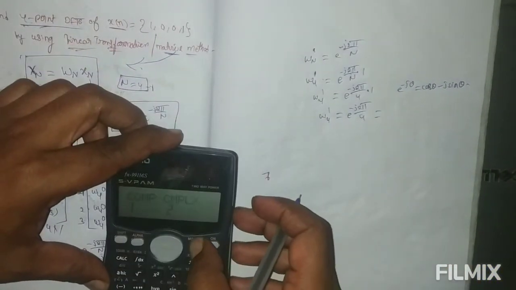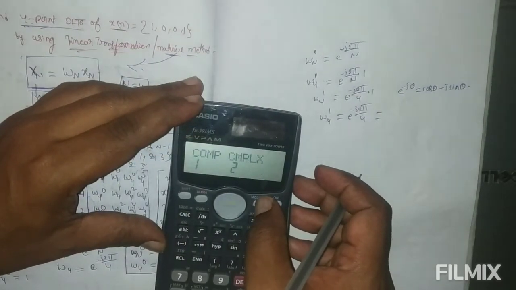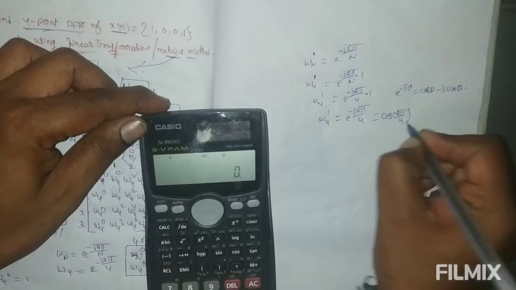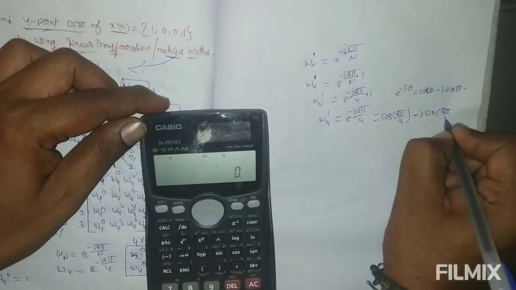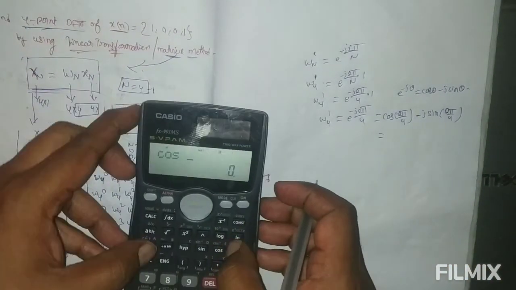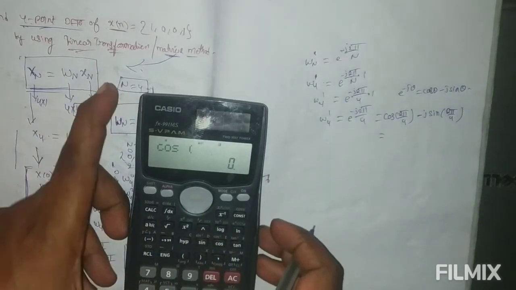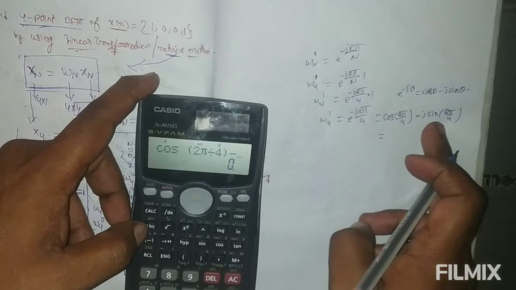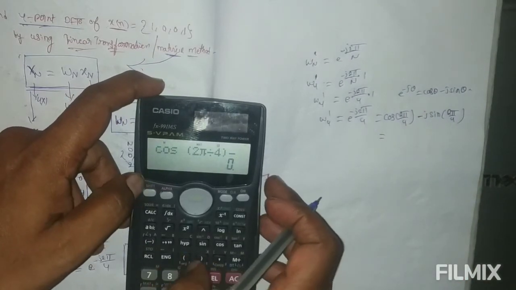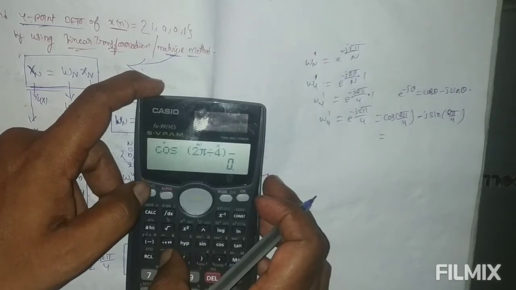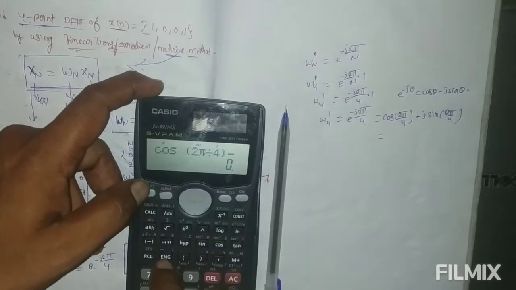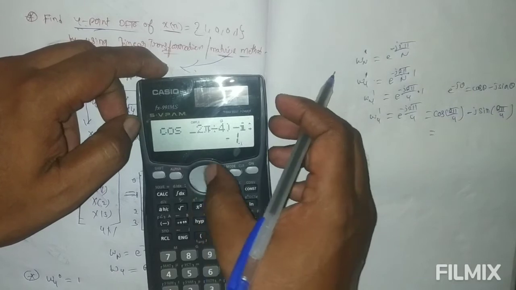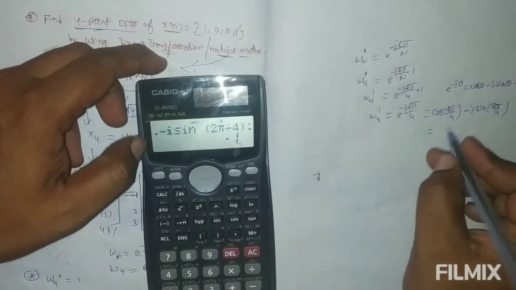We use the calculator in radians mode. This value is cos of 2 pi by 4 minus j sin of 2 pi by 4, which equals minus j.